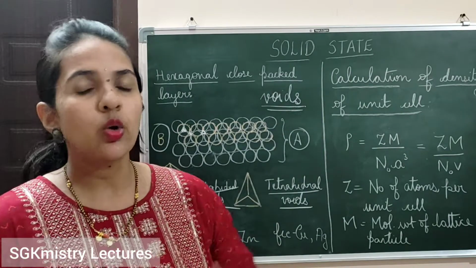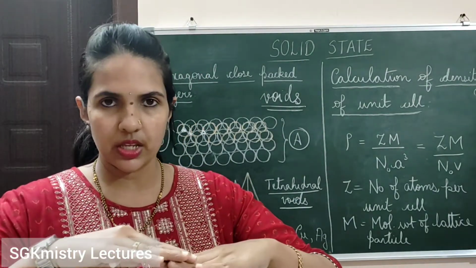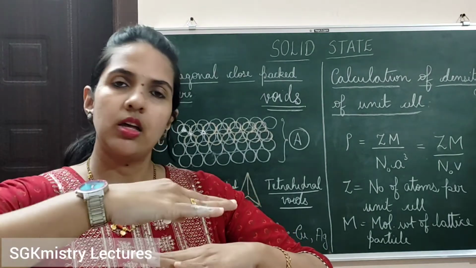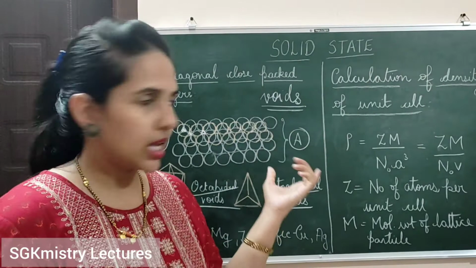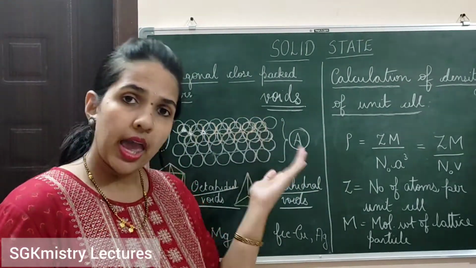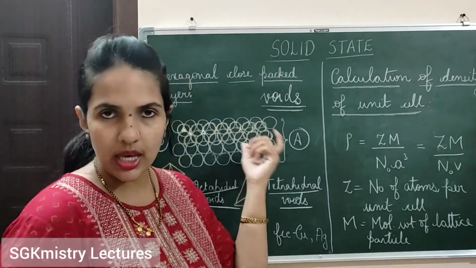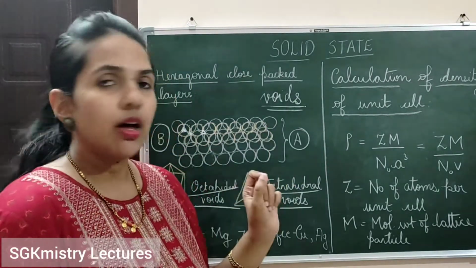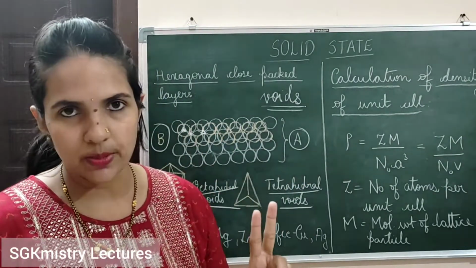Now, as I have already told, in the three-dimensional structure, suppose this is the first layer, second, third, fourth, fifth, and so on. We were just speaking about the two layers, the lower layer and the next layer. Again, there will be so many other layers placed above these layers. For the placing of the next layers, there can be two possibilities.